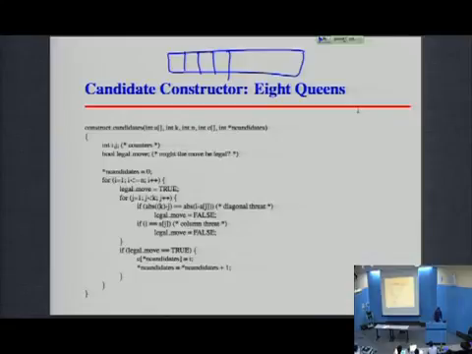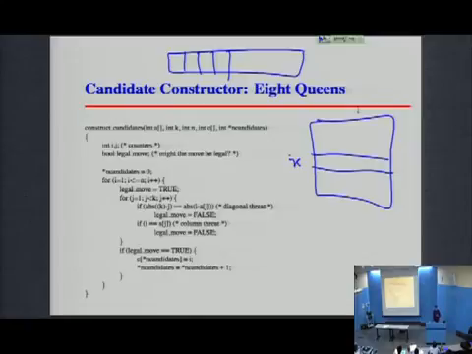If you are filling in the queen that is going to go on the kth row, you want to find the smallest possible set of positions where you can put a queen down. Now, what is going to govern it?